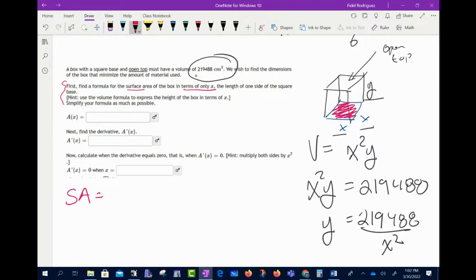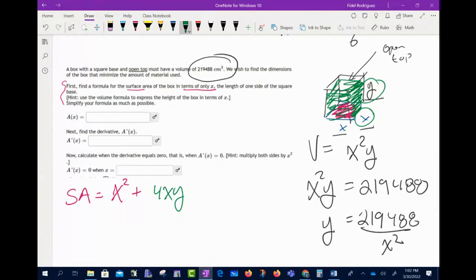So the area of that base, everybody agree that's going to be x squared? Okay, and then we have all the sides. So what's the area, say, of this side? X times y, right? But we have 4 of those sides, because we have that side here, this side here, this side here, and that one back there, right? So we have actually 4.